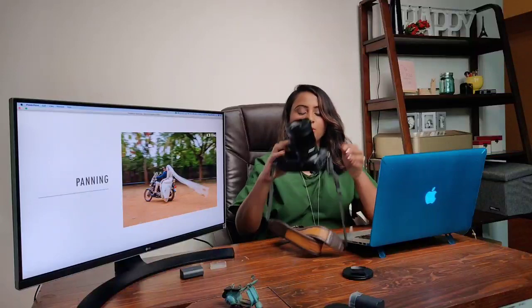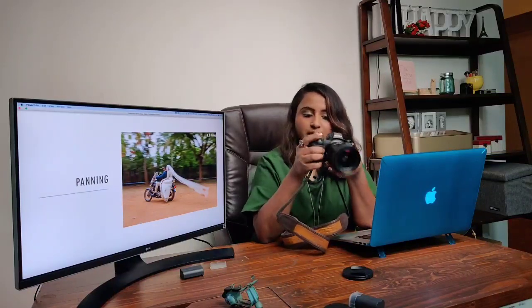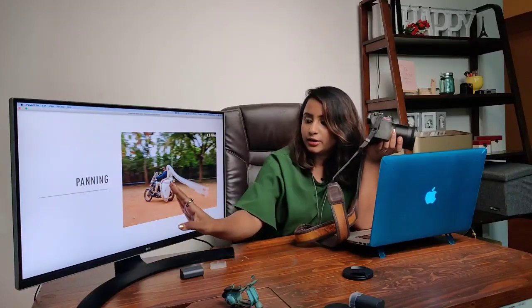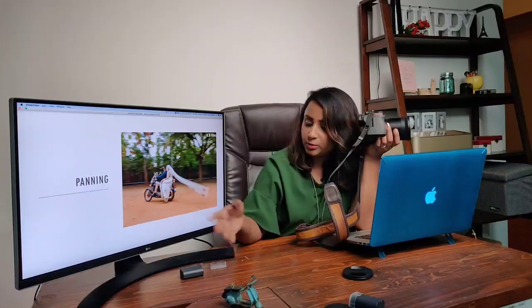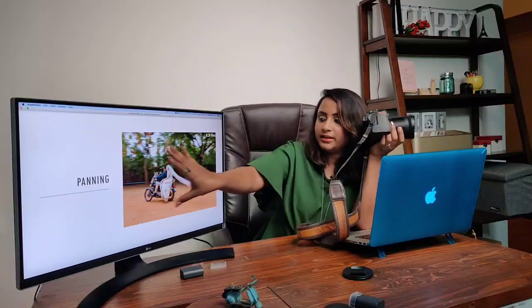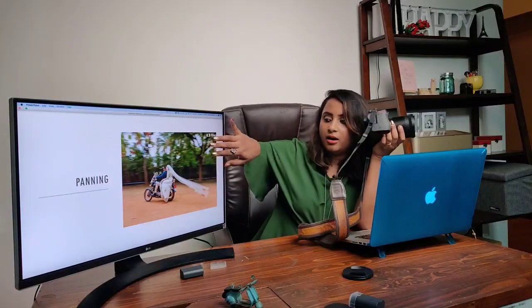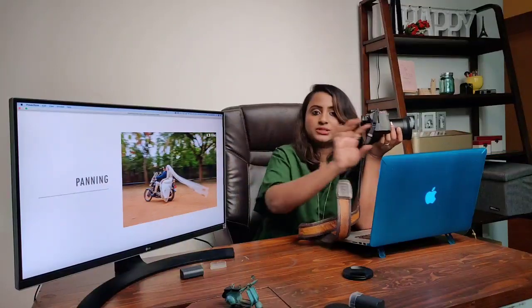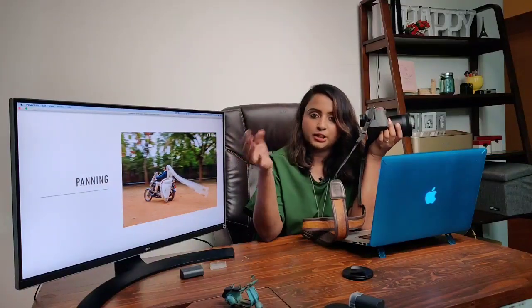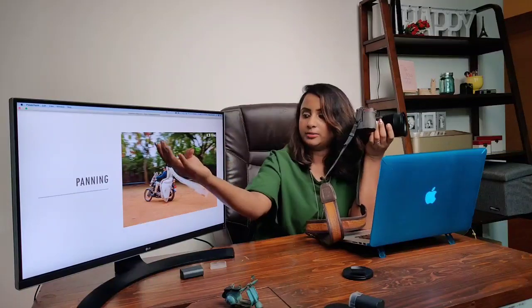And then there's panning. Panning is a technique where you use a slightly slower shutter speed and move along with your moving subject, so that you get the illusion of speed: the background has that motion blur, whereas your subject is pretty much sharp.